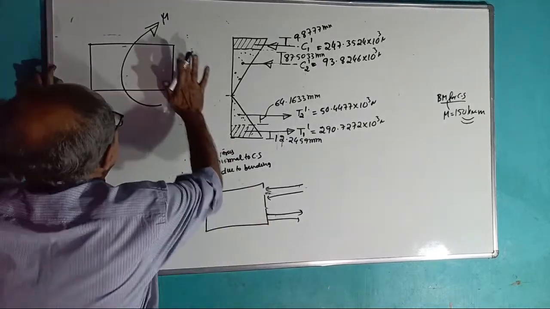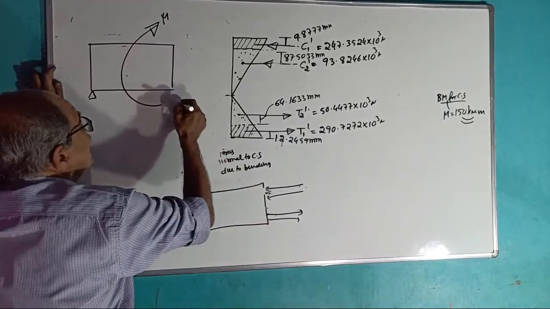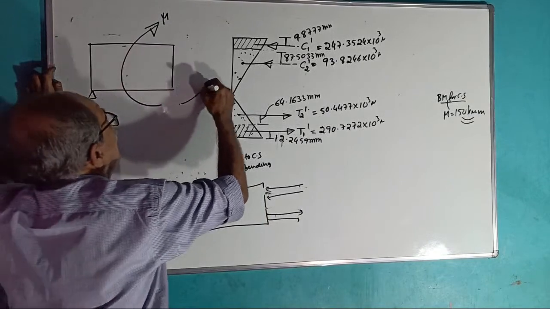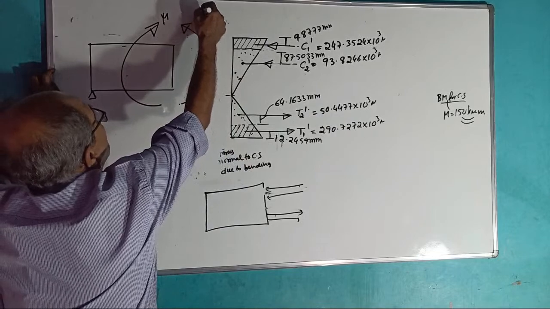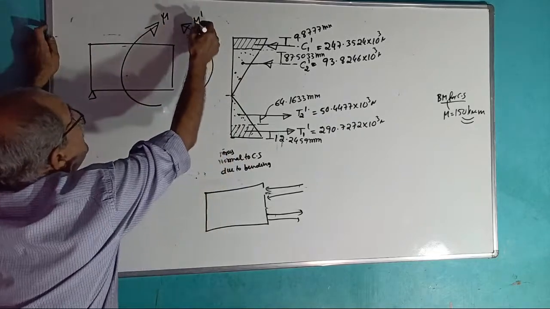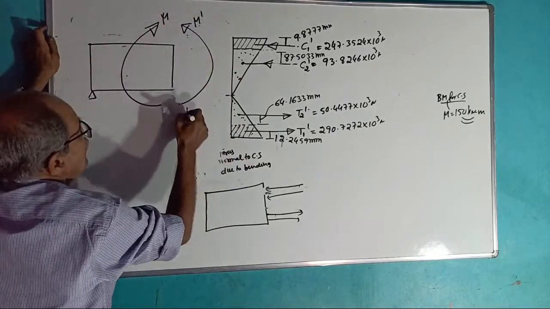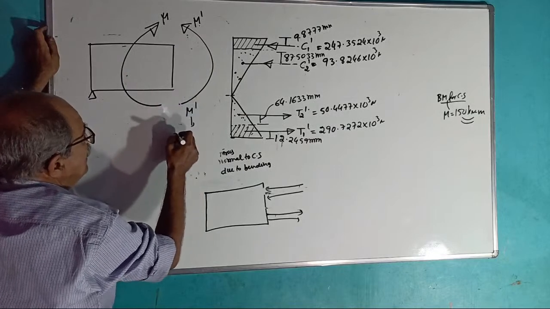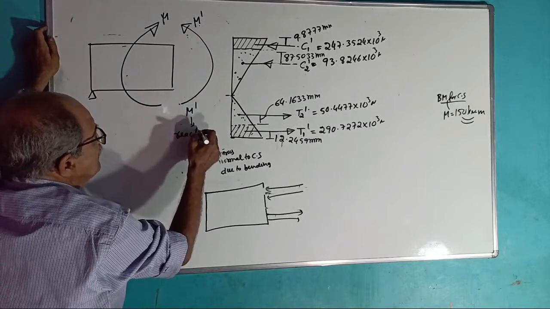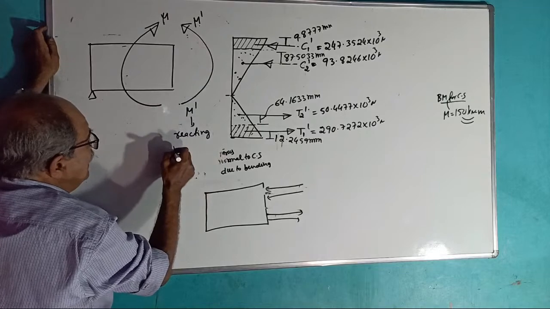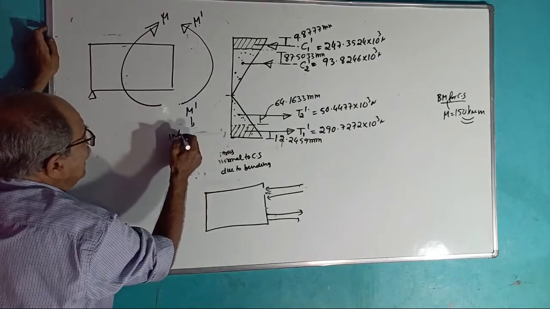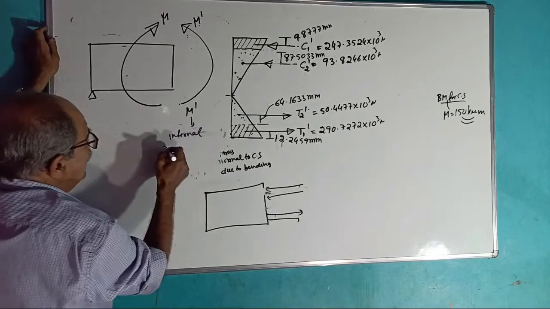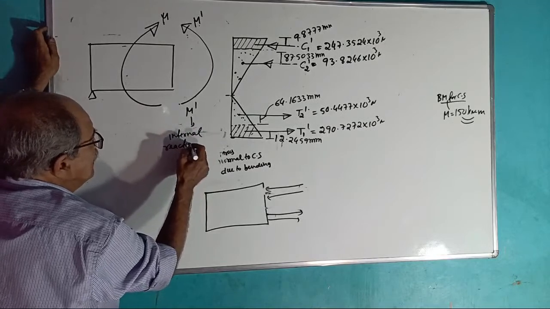So, for this one, the balancing moment should be like this. I will call this M dash. This M dash I will call the internal reacting moment.